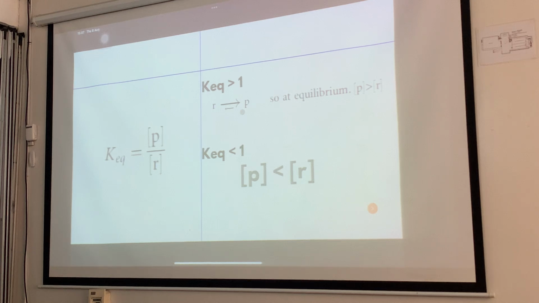So, it's also the reverse of that principle. If R is greater than P, the reverse is favored. So there is more of the reverse reaction than the forward.